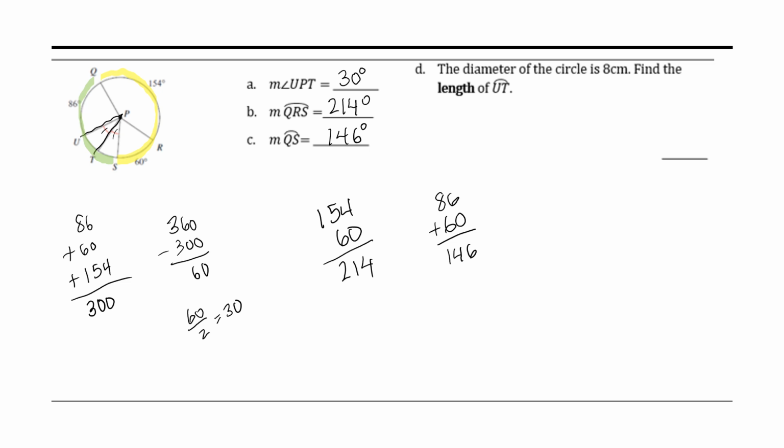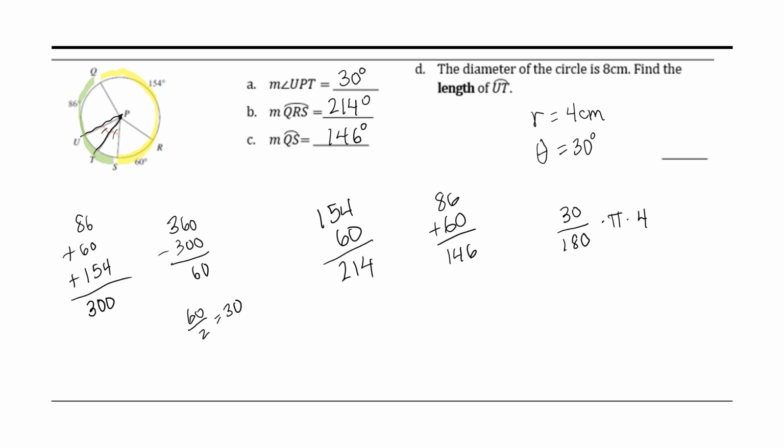Okay, last question. The diameter of the circle is 8 centimeters. Find the length of UT. So that means that the radius is 4 centimeters. UT is, theta would be 30. So I'm going to do 30 over 180 times pi times r.